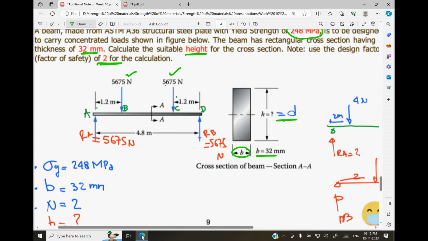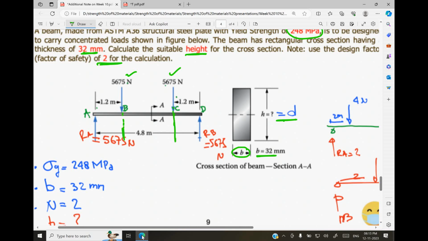If you have this beam, now since it is a concentrated load, what will happen? If you draw a bending moment and shear force diagram, you can see that the bending moment will be maximum at this point as well as this point.